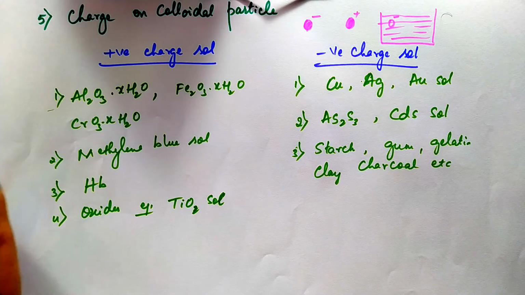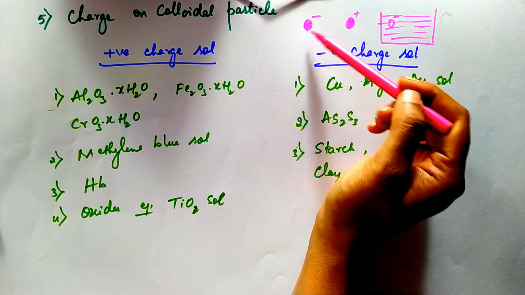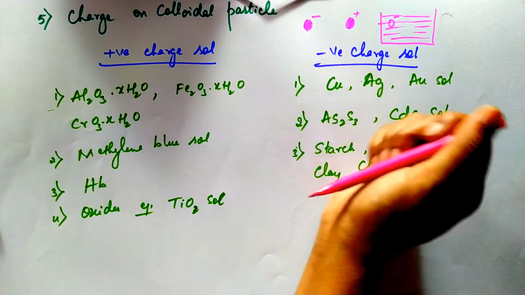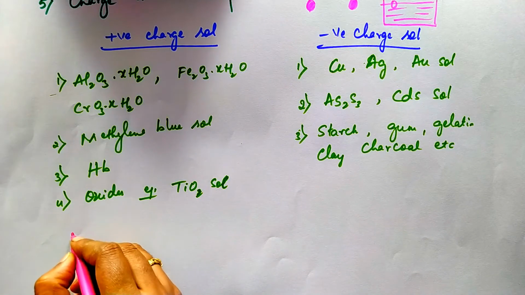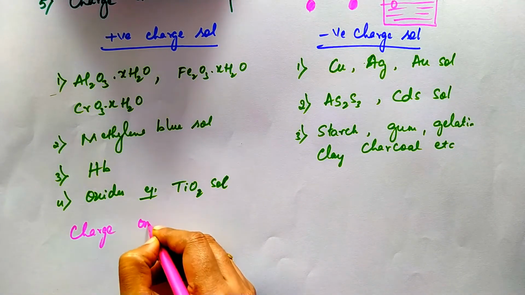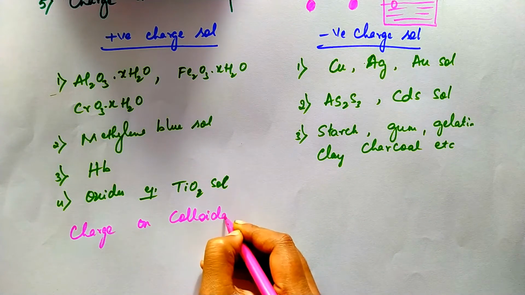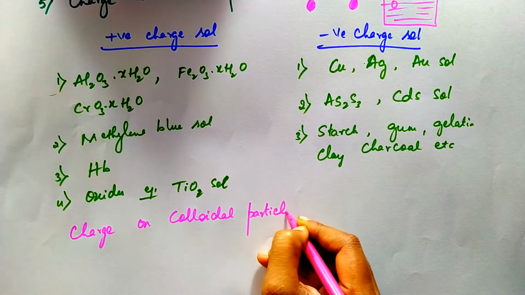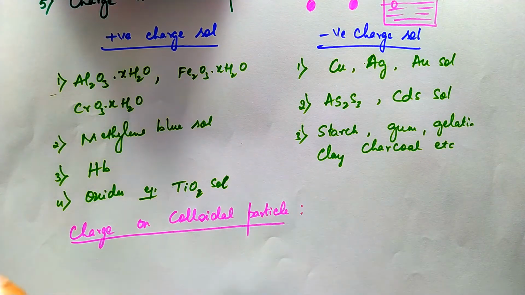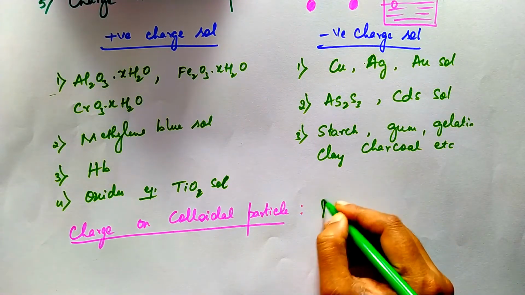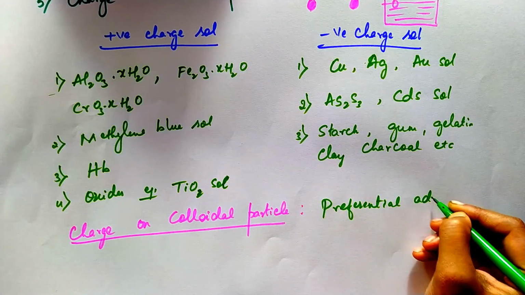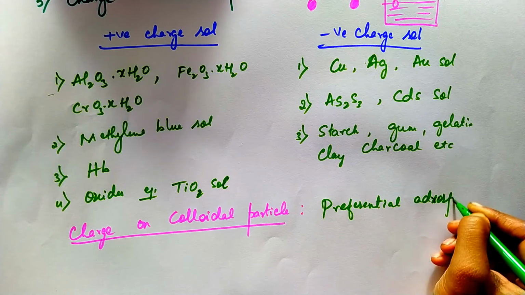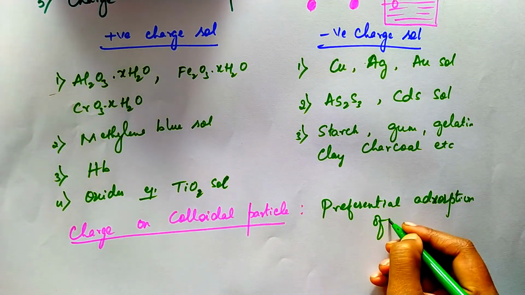So next, let us see how this colloidal particle gets a negative charge or positive charge. It mainly depends on the preferential adsorption of ions. The charge on a colloidal particle is mainly due to preferential adsorption of ions.